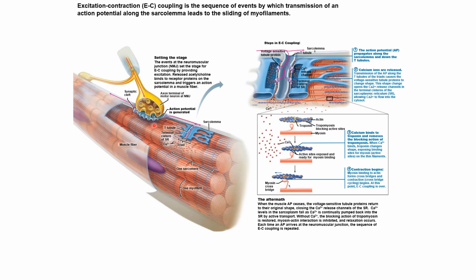You can see right here is our muscle fiber or our muscle cell, and here are the neurons right on top of our muscle fiber. This is the ending part of our neuron, known as our axon terminals.